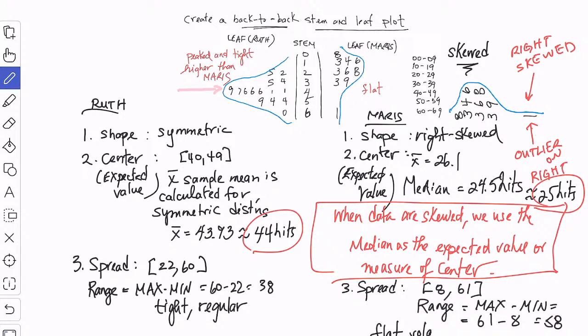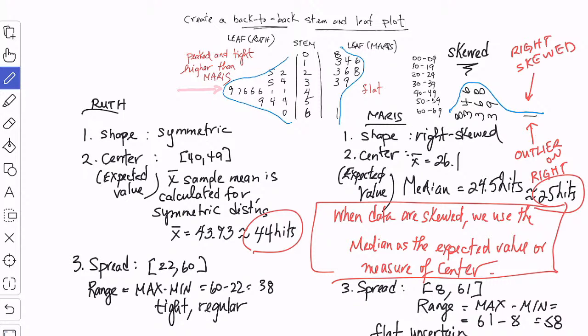I don't know if that's volatile, but it's not wild difference. It's just one extreme value. I'll just say uncertain. Okay, so those are some adjectives for the spread.